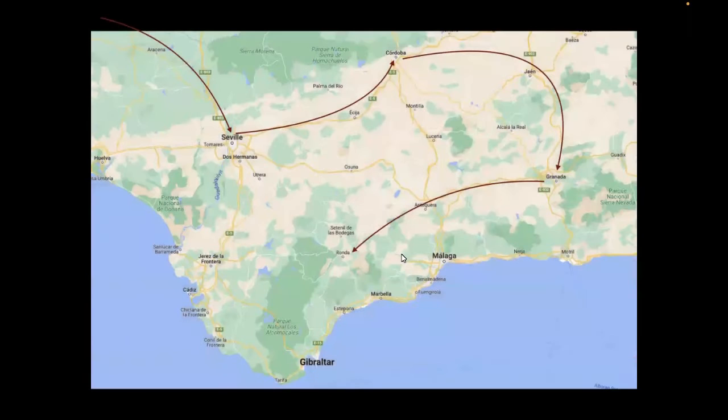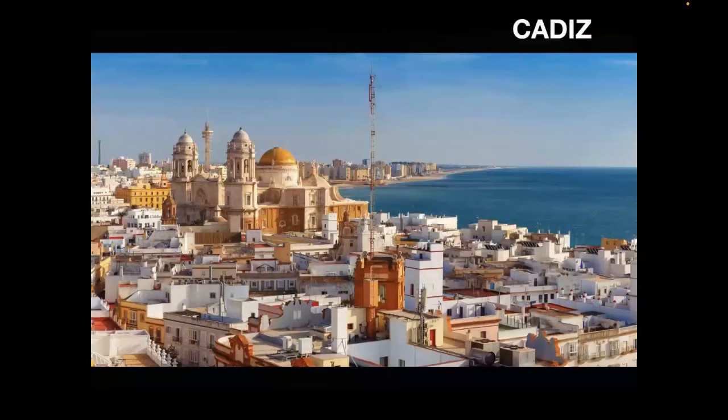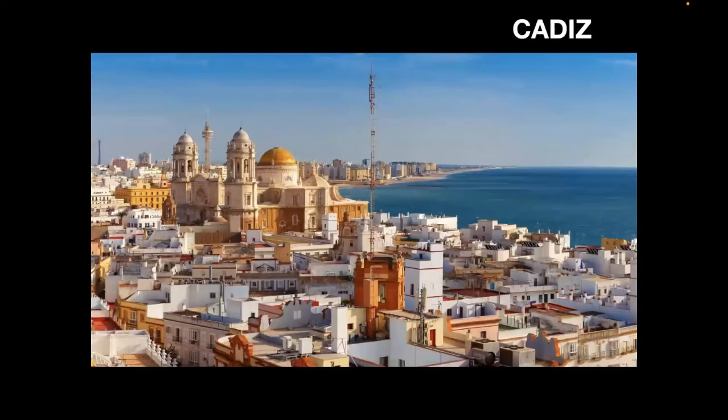And from Ronda, we will drive to Cadiz, the coastal city on the coast of the Atlantic Ocean. On the way, we will visit a Roman settlement of Claudia Bailo, and we'll end up in Cadiz in a couple of hours.